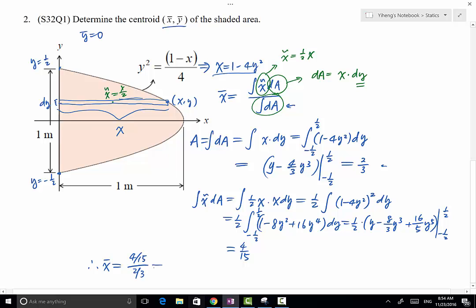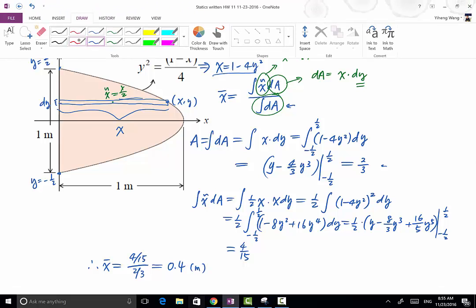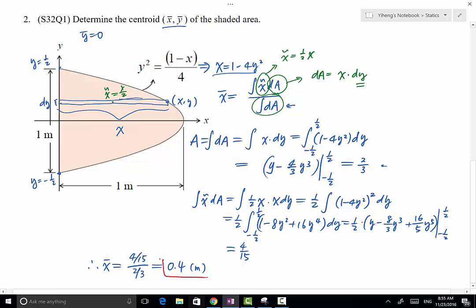So this equals 2 over 5, so 0.4 in the unit of meter. And y bar equals 0. Therefore, eventually your C, the centroid, is 0.4 meter, 0.